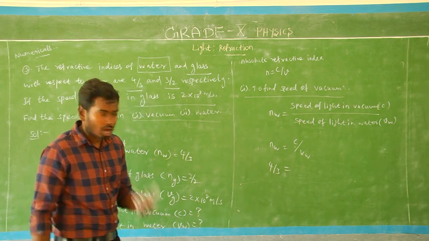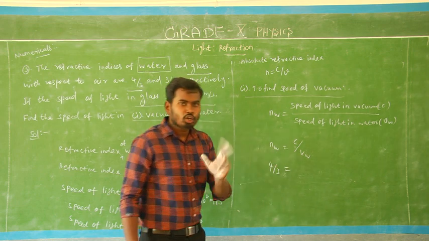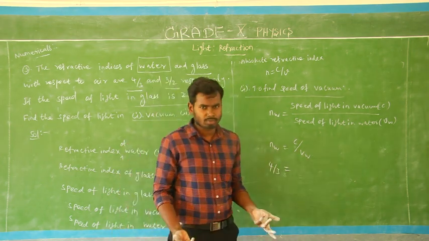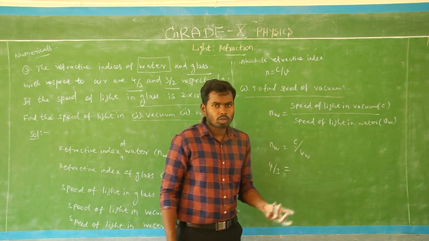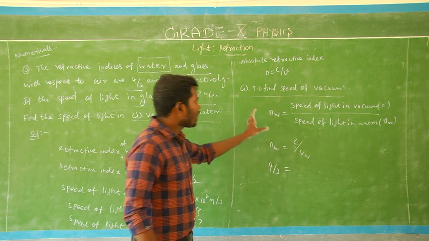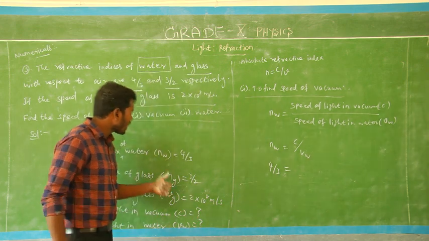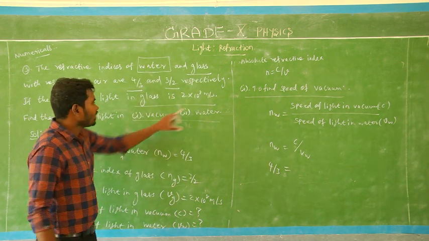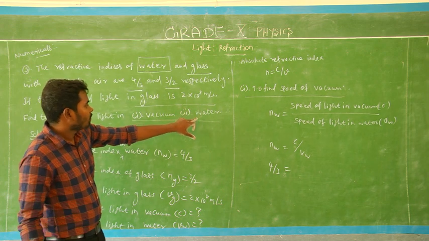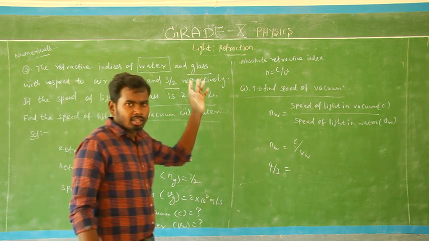Already we know, if you know any two values, the third value can be calculated. Here we know just two values, so the third value cannot be calculated. So otherwise, you find the speed of light in water. We can get the refractive index value here.